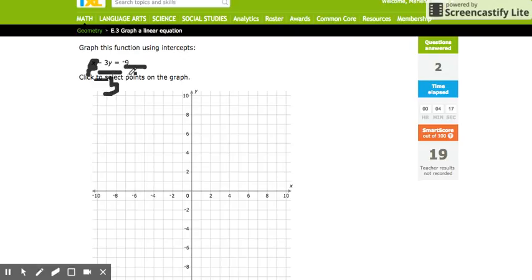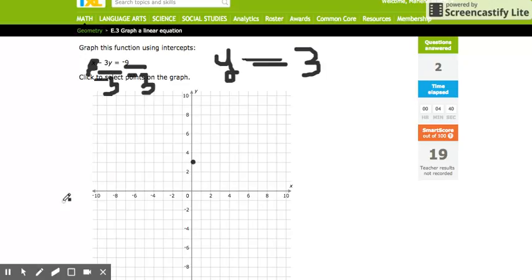Divide by negative 3. So y equals, my bad, negative divided by negative is a positive. 9 divided by 3 is 3. So my y-intercept's at 3. So put it there. All right.